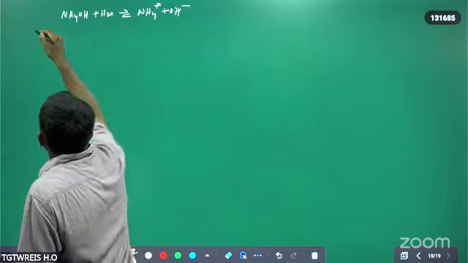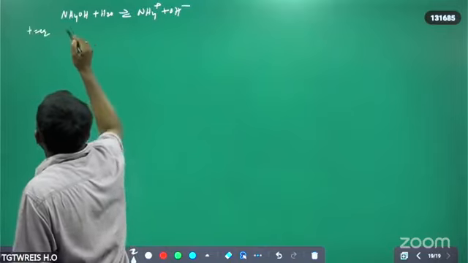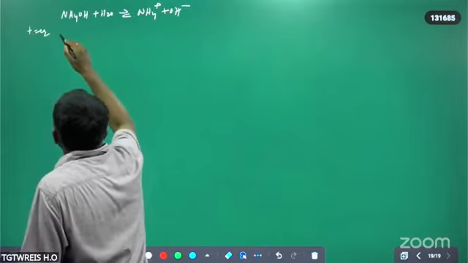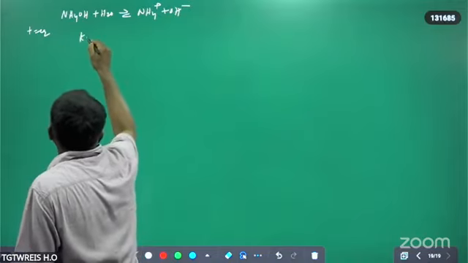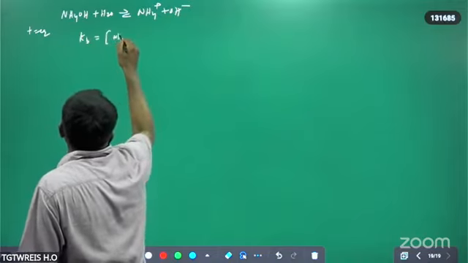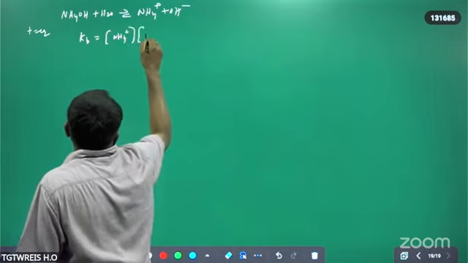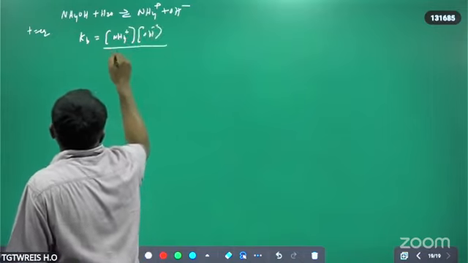So this is at equilibrium. Kb is equal to what now? This is NH4 plus into OH minus by NH4OH.